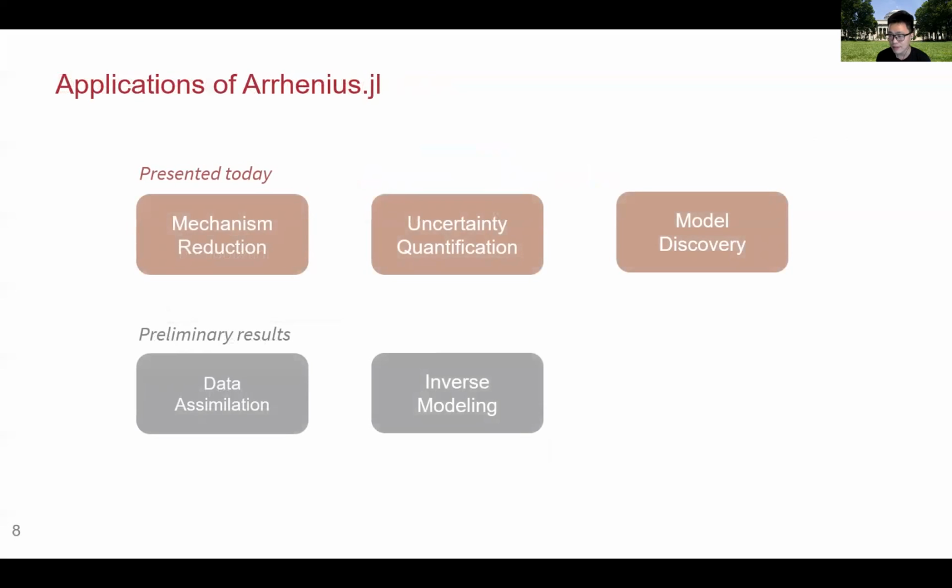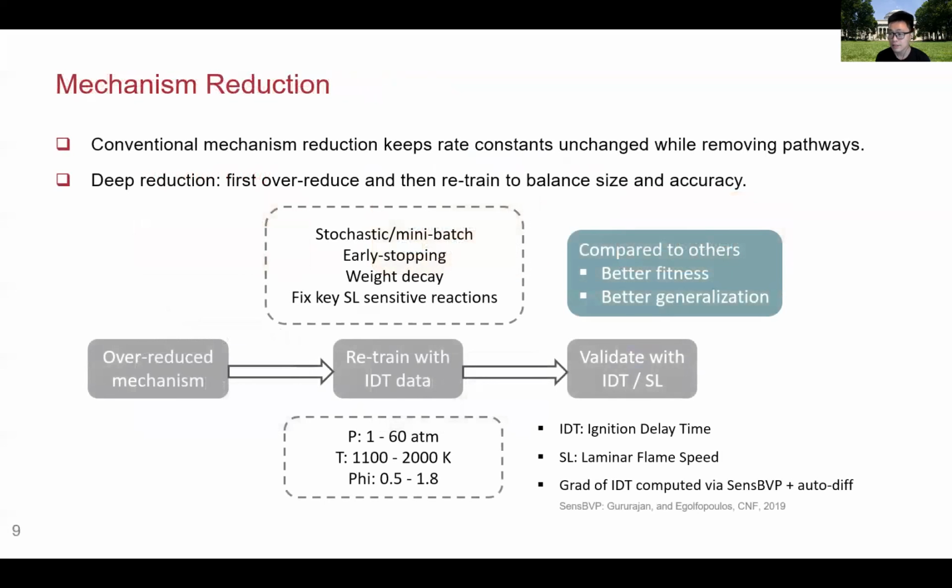Today I will mainly talk about 3 example applications of the package, and also 2 ongoing applications. The first one is mechanism reduction. The motivation is that conventional mechanism reduction would keep the rate constants unchanged while removing pathways, and here we want to do further reduction.